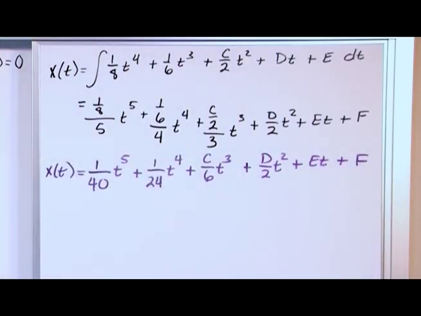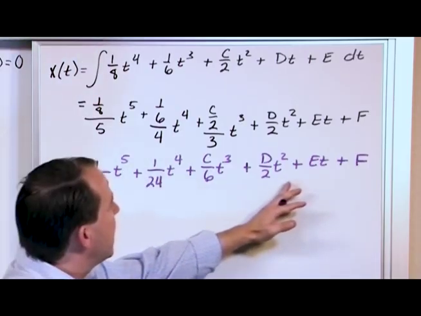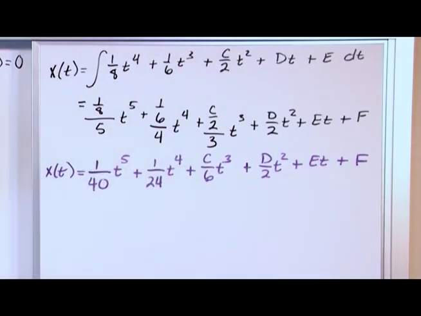So here's what we call the general solution. It is an infinite set of solutions because you have all these constants. We're going to fix that in a minute by solving for those constants.